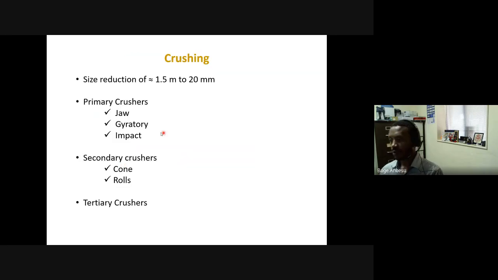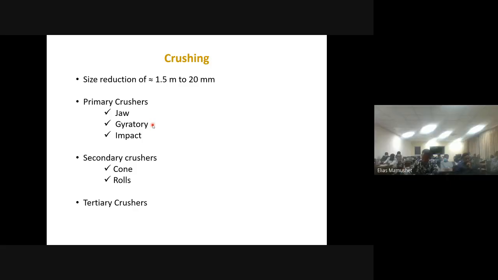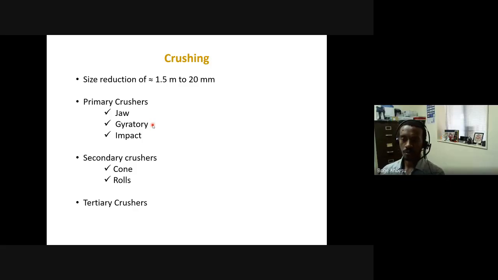So for example, for my primary crushing, if I was using jaw crusher, the same jaw crusher can be used to produce 50 millimeter rock as a product, or 100 millimeter rock as a product, or 150 millimeter as a product. So the same jaw crusher or gyratory crusher can be adjusted at the discharge end to produce different products. So that's why the final product can be managed or changed just by using one equipment.